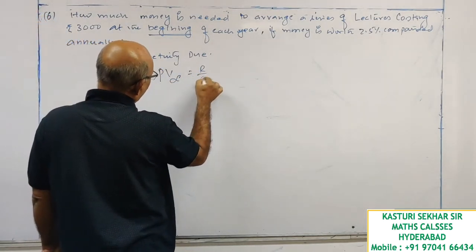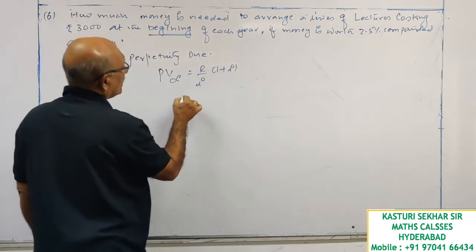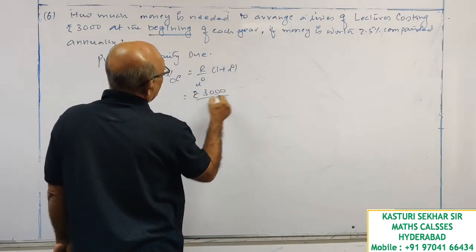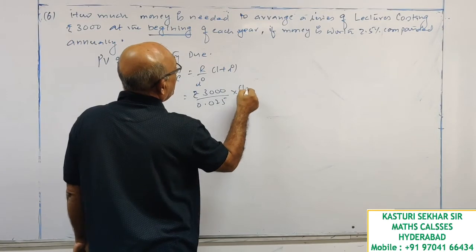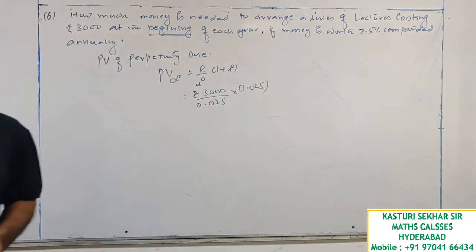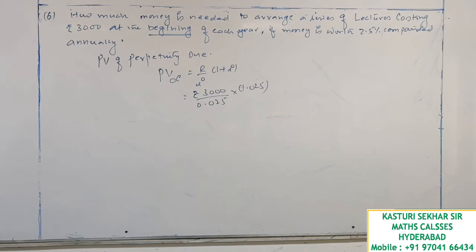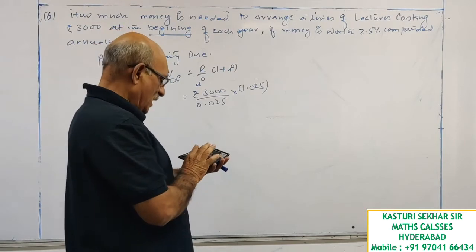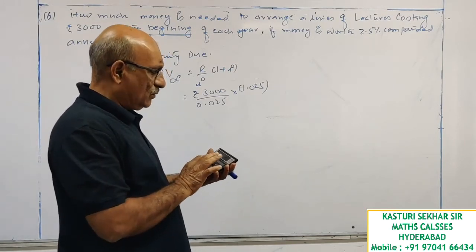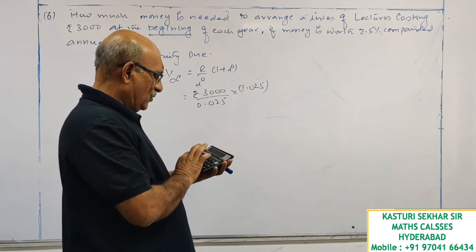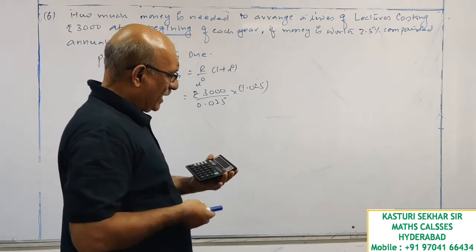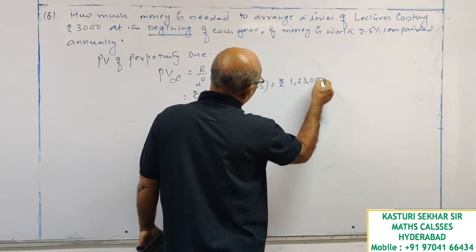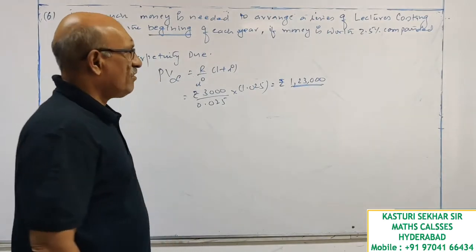R by I into 1 plus I. R is equal to rupees 3,000, divided by 0.025, into 1.025. This is 3,000 divided by 0.025 into 1.025, which is rupees 1,23,000. This much money is needed.